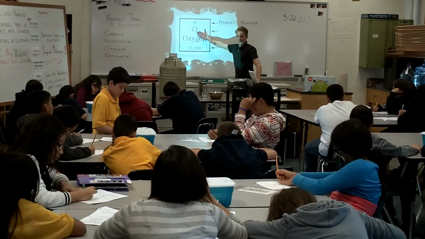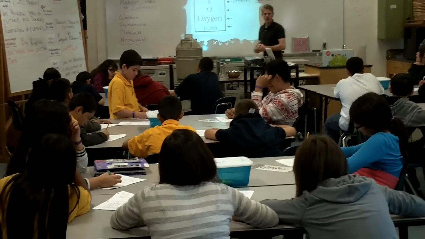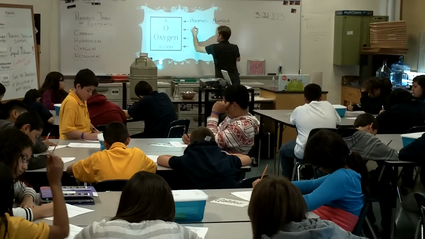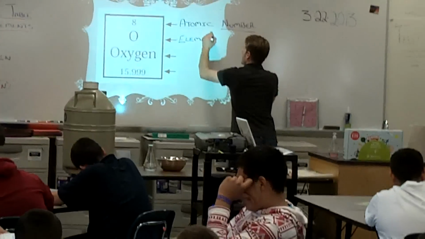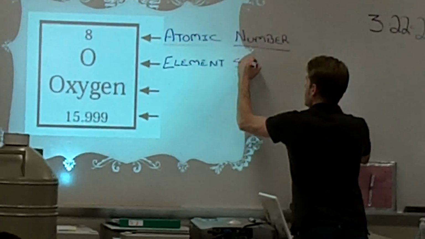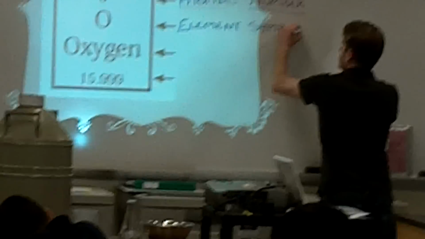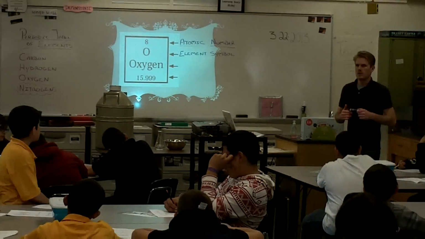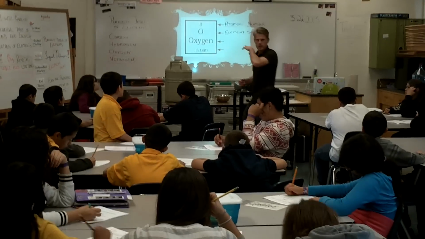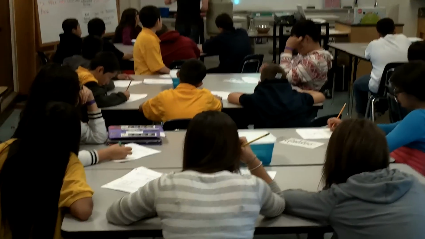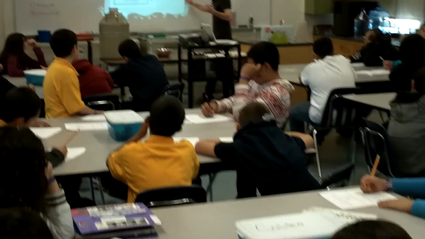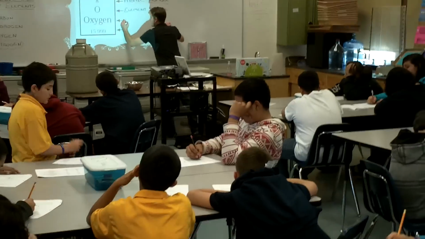This right here, this O alone, it is the element symbol. Like the O in H2O. Every element has these things. Right here, oxygen, it's the word, it is the element name.